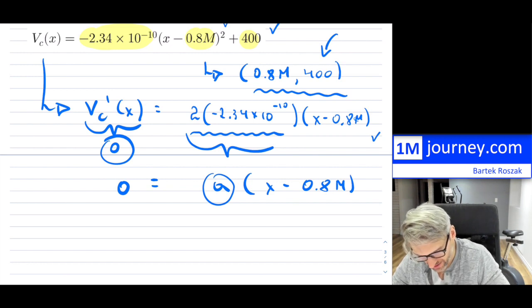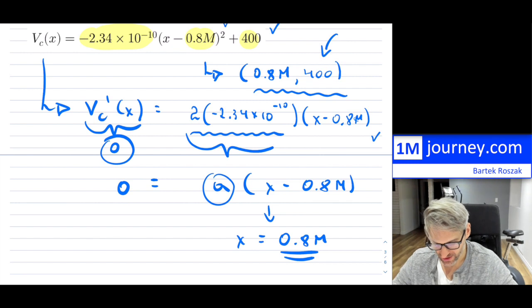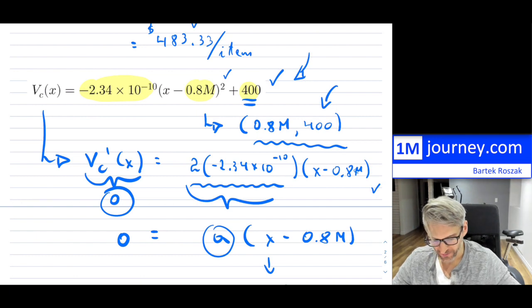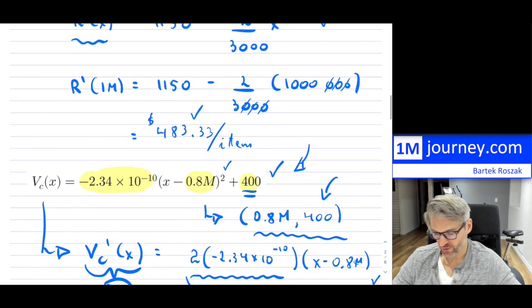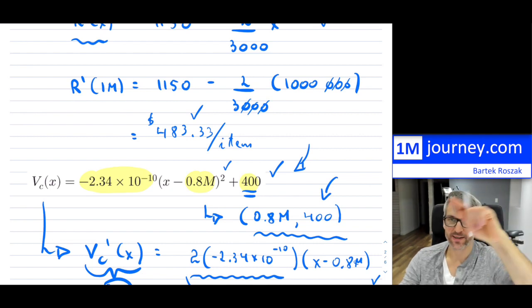So we have the slope equal to 0 at x equal to 0.8 million. If you substitute that into this equation, your answer is going to be 400.